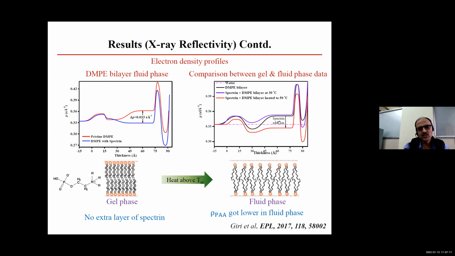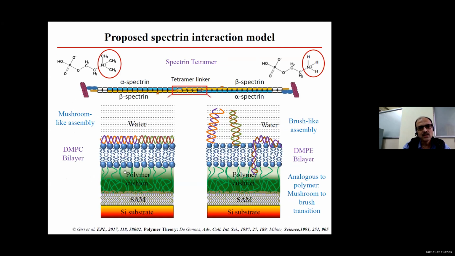So what is happening is that in the PC molecule, the spectrins form a smooth layer on top of the bilayer, which is why we see this spectrin layer. But when you are working with a PE membrane, then you have this kind of brush structure.